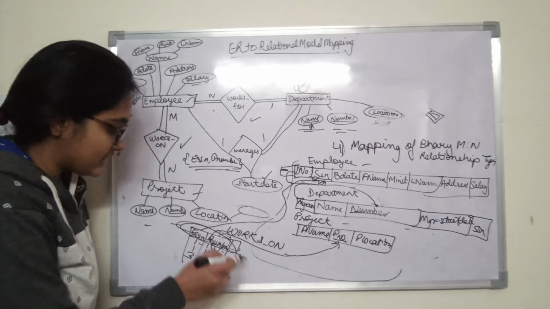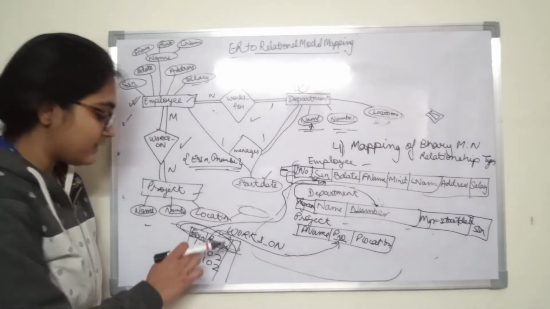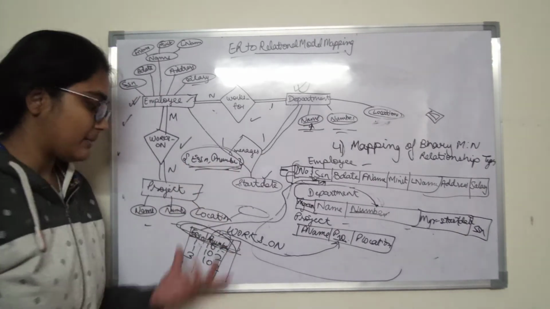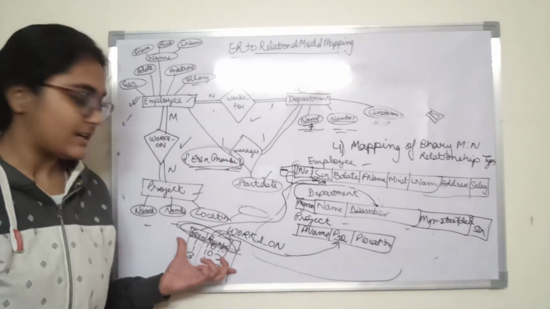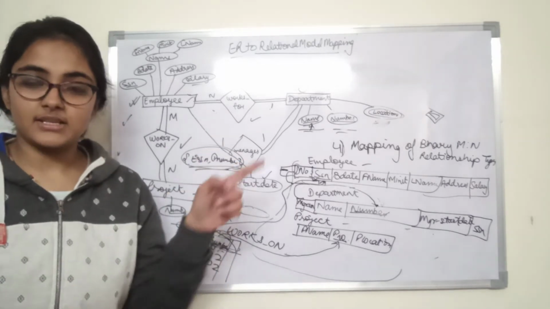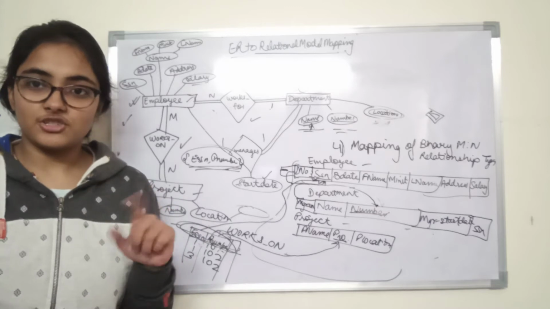So employee 1 and project 101, for example. The combination will become the primary key for this new relation, that is, the relationship relation. This is the third approach that we discussed here, the cross-reference or relationship relation approach.